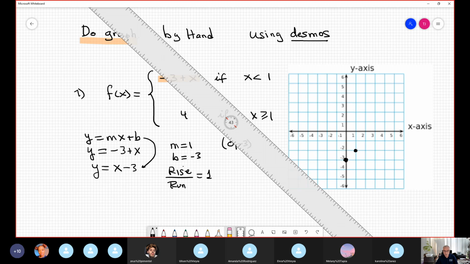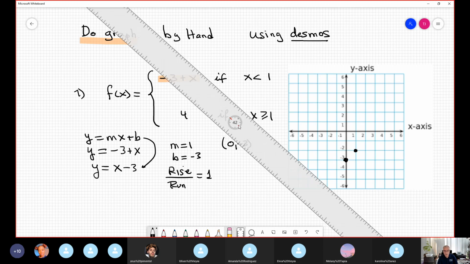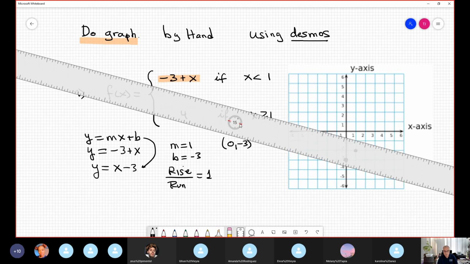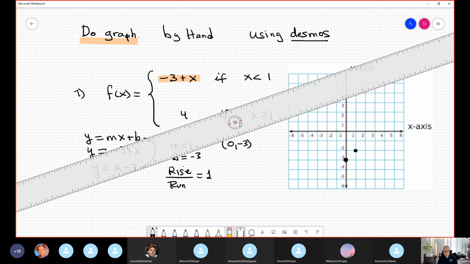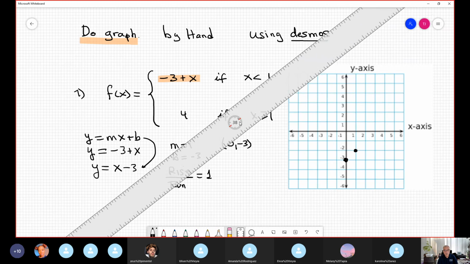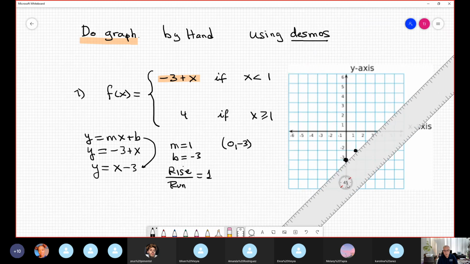Okay, so using the rule, connect the points. It is 45 degrees.